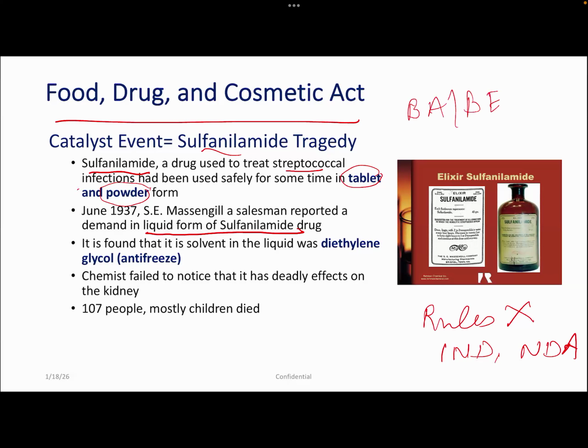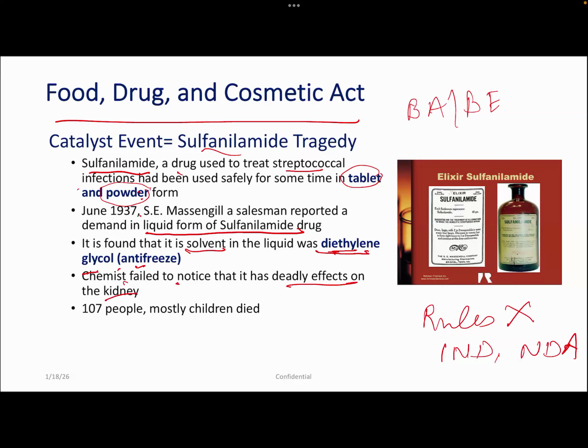So where they went wrong, the intention was not wrong here. They found the solvent diethylene glycol. This is antifreeze. They used it to make it liquid form. Now, what they failed to notice, the chemist who made this formulation had not tested the solvent diethylene glycol, but this solvent had a deadly effect on the kidney.